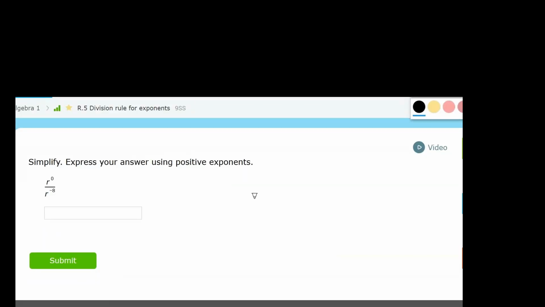Here's another problem. This time we have r to the 0 divided by r to the negative 8. Okay. You'll notice that our common base is r, so I'm going to write that down. And then I'm going to look at the exponent in the numerator, which is 0, minus the exponent that I see in the denominator, which is negative 8.